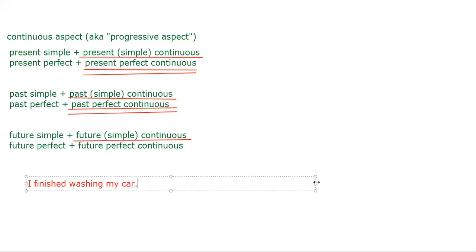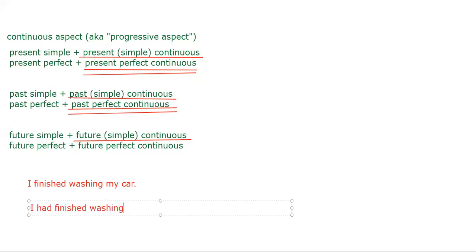This sentence makes sense by itself, right? It's complete. You don't need any additional context. You can add context if you want, but the sentence is fine without it. Whereas you have this one. I had finished washing my car. Okay, you finished washing your car, but did anything else happen?